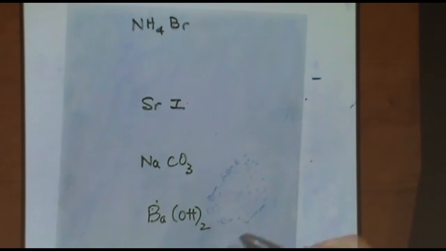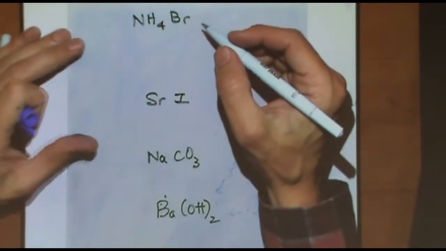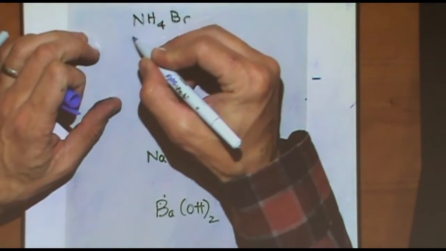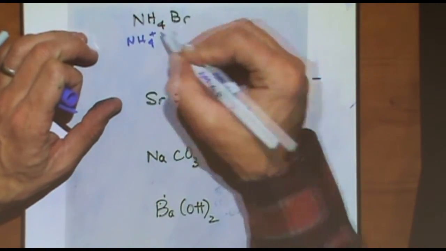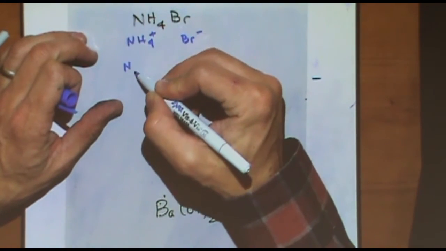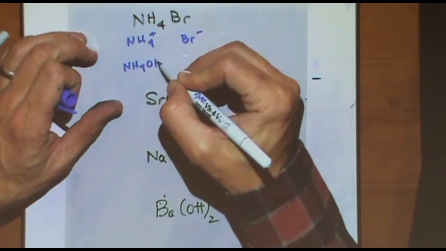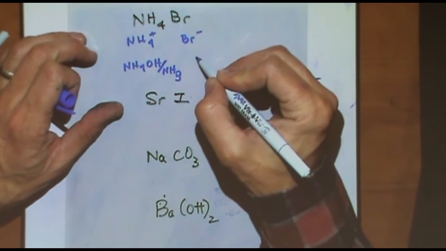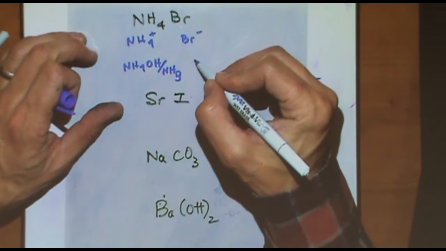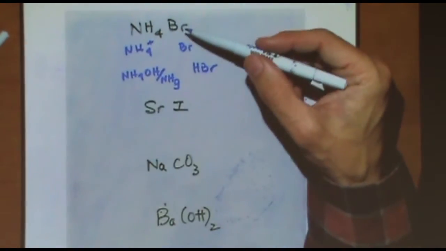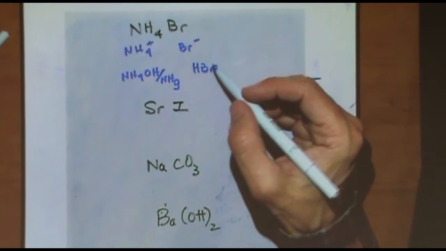So how I do these, if you're from a different class, you might do these a little bit differently. You can start doing these in your head once you get used to the idea. But what I do is I think of the ions separately. I evaluate them. I think of their conjugate, or the conjugate, either one is fine. And the conjugate of this one is HBr. So if this is acid, base, or neutral, I look at the conjugates.